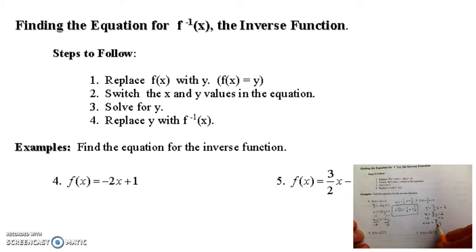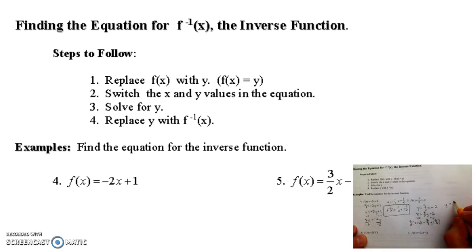So to divide by 3/2, I'm going to multiply both sides by 2/3. So 2/3 times 3/2, that's 6/6, that's 1. So I have y by itself on one side of the equal sign. 2/3 x, 2 times 2/3 is 4/3. And now I can replace my y with f inverse of x.